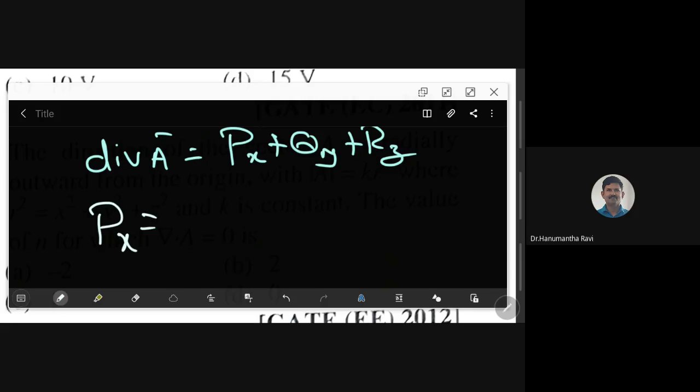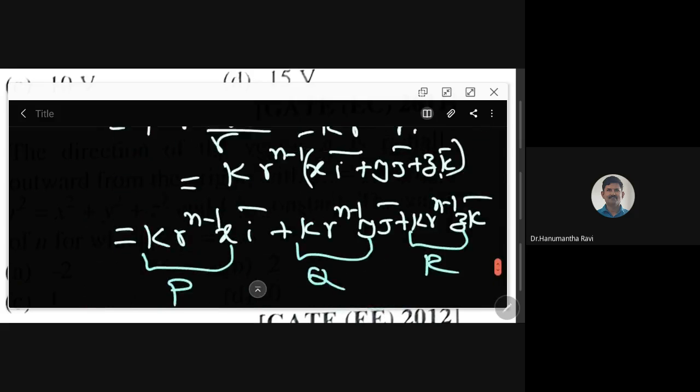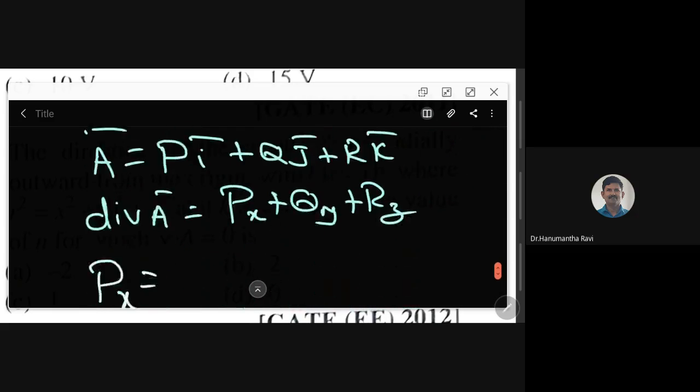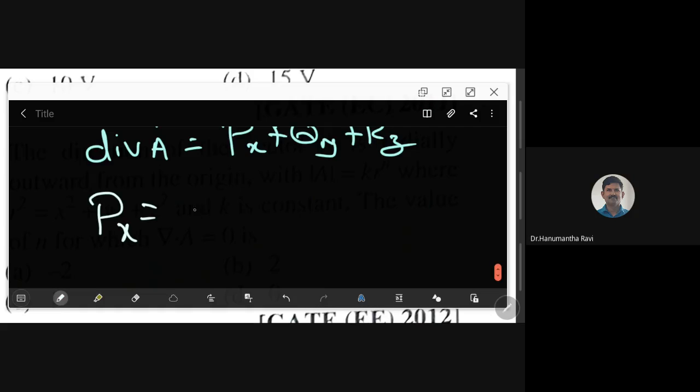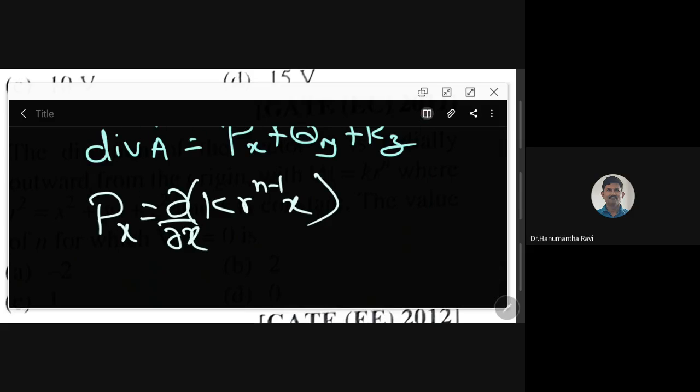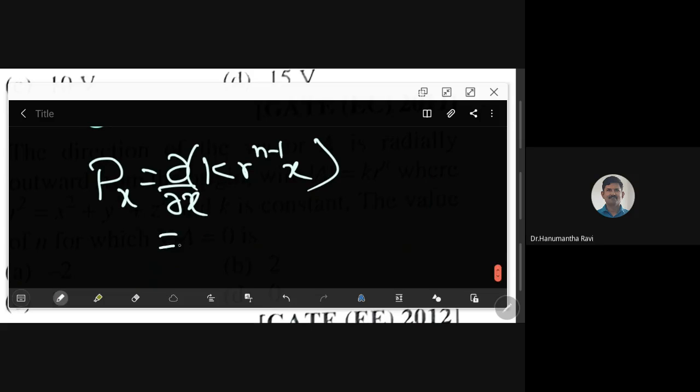Take ∂P/∂x: k r power n minus 1 into x, with dou by dou x. Here k is a constant, so I have dou by dou x of r power n minus 1 into x.